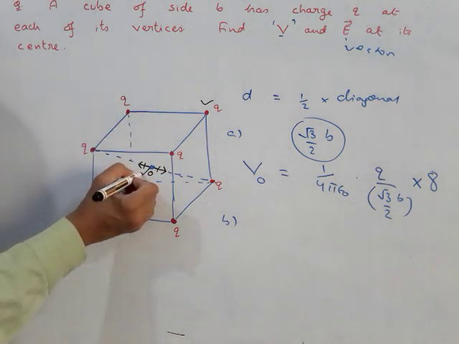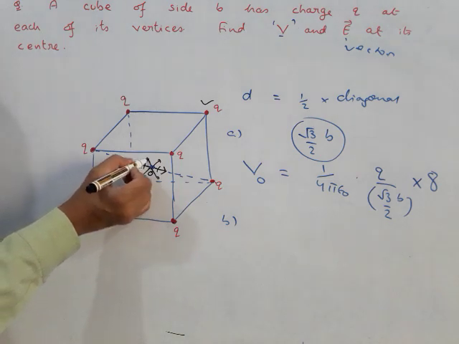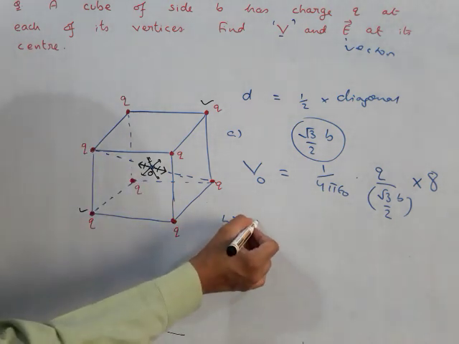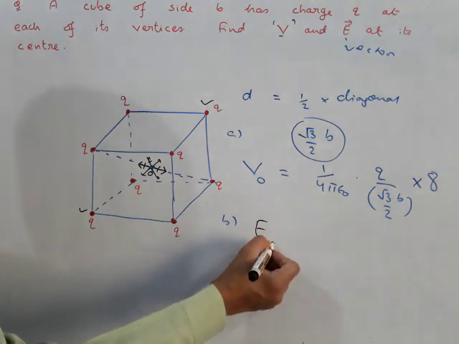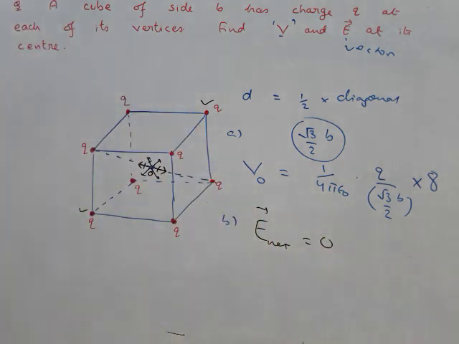So their electric fields will also cancel. Likewise, this charge and this charge, their electric fields will also cancel. So each of the diagonally opposite charges produces electric field of the same magnitude but opposite direction. You write that reason, and therefore by symmetry we say the net electric field at the center of that cube will be how much? It will be 0.